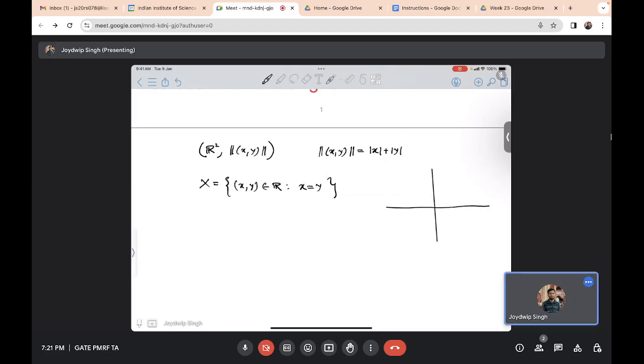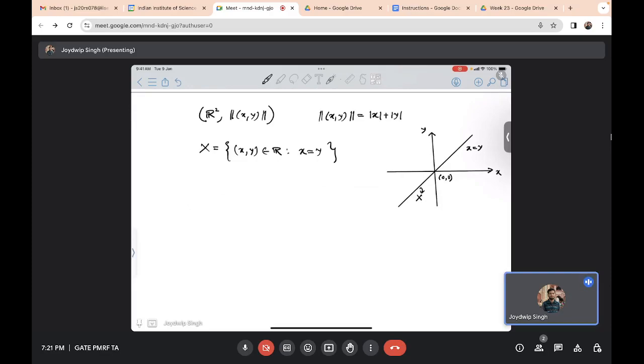Let me draw it: suppose this is the x direction, this is the y direction, then this line is x equals y. This is the subspace X. This is (0, 0).